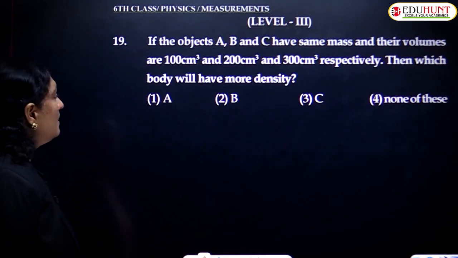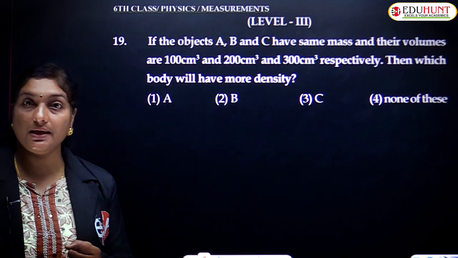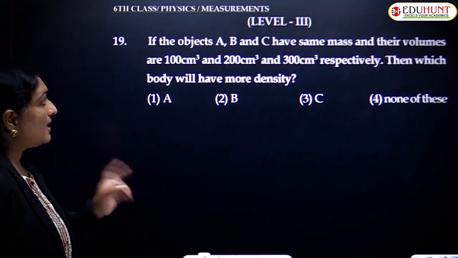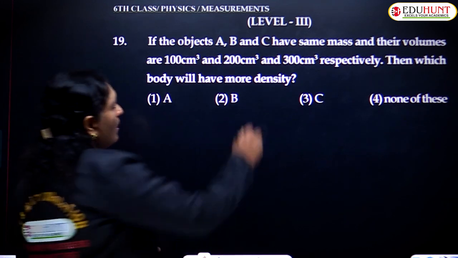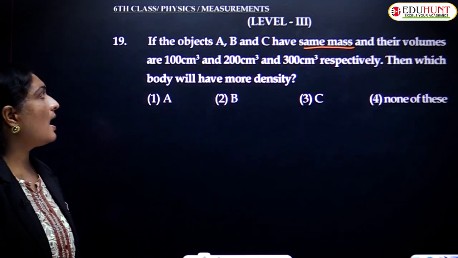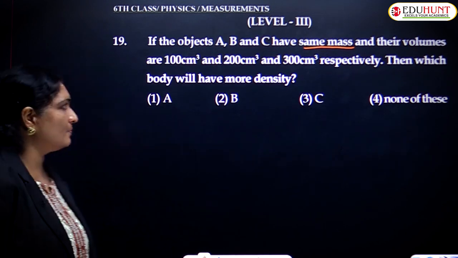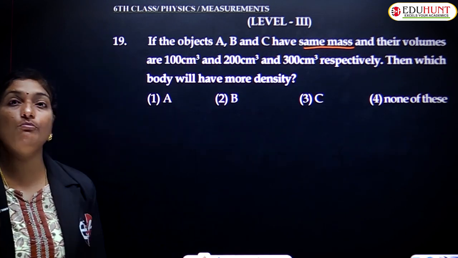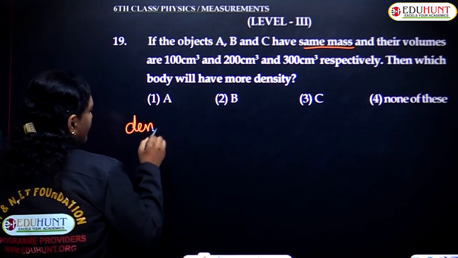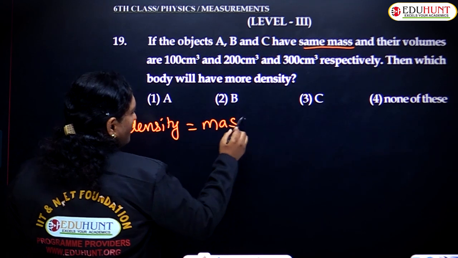Next, 3 objects are given, A, B and C. How many objects are given? 3 objects are given, with the same mass. All 3 masses are the same and their volumes are 100 centimeter cube, 200 centimeter cube and 300 centimeter cube. Then which body will have more density? Children, I told you that the formula for density is mass by volume.